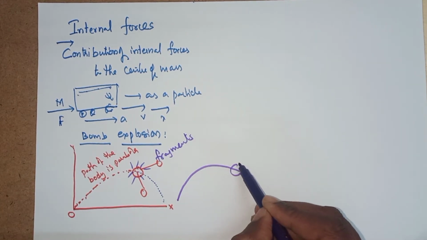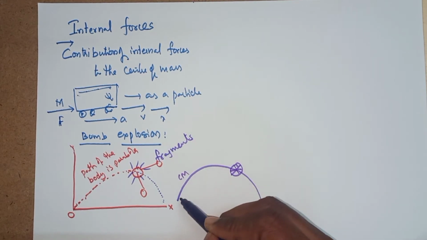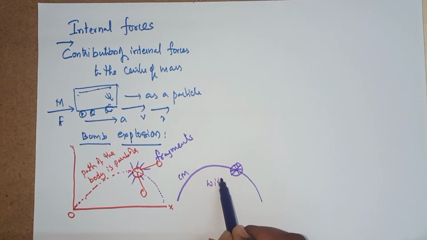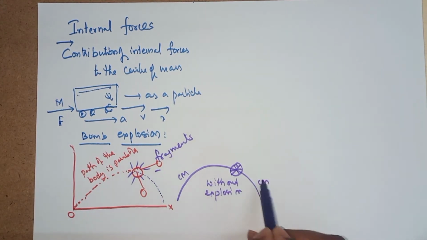So here the part which is divided into fragments, but this is the path of the center of mass. The center of mass would have continued without explosion. This is with explosion. So this is called the center of mass path. This is the center of mass.